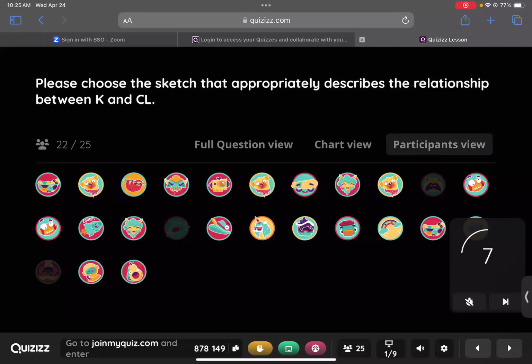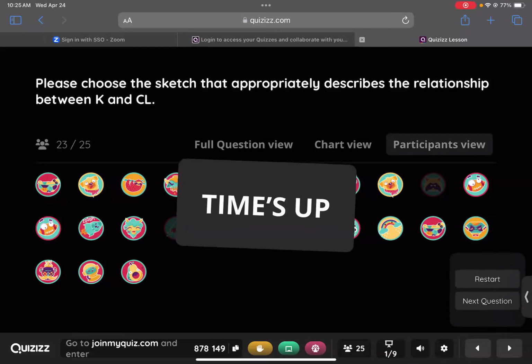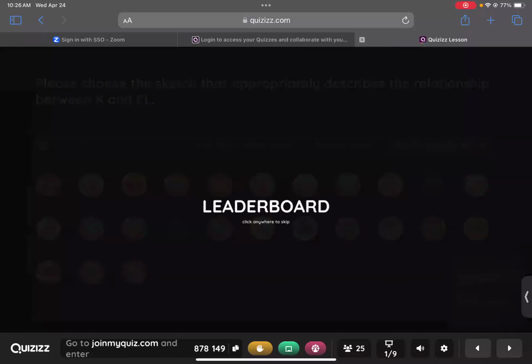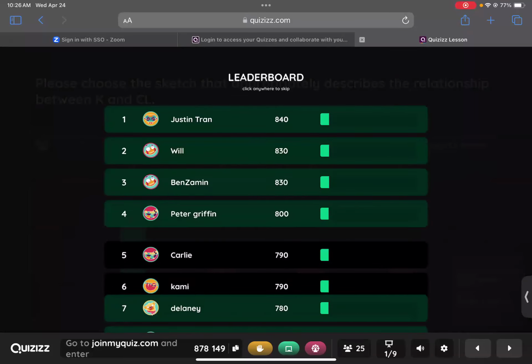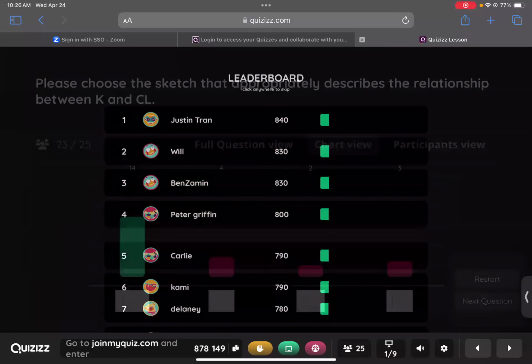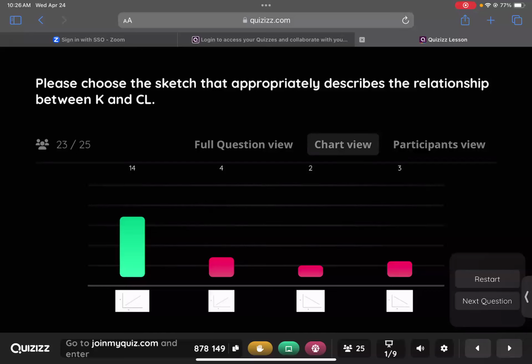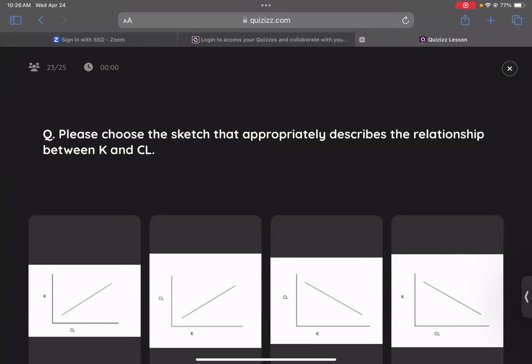In some different way. All right. Justin jumps out to the early lead. Most of you got this right. Let's take a look at this.